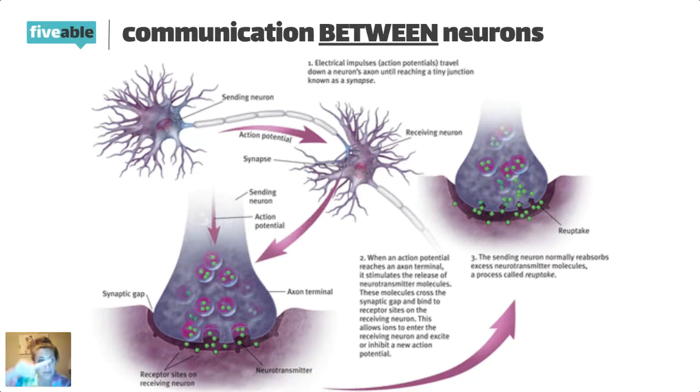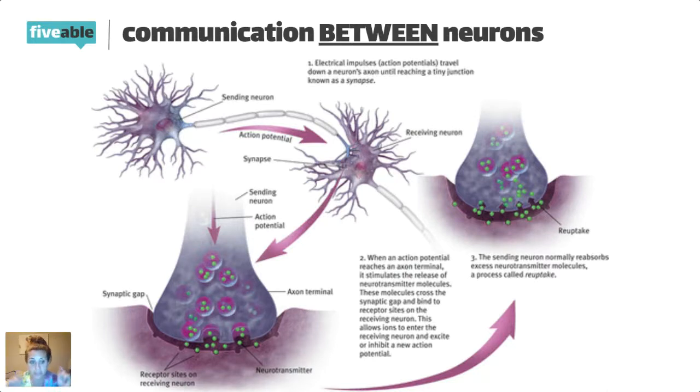But basically that message goes down the axon and it reaches those axon terminals, those terminal branches, and then little, I call them balls, they're not really balls, little neurotransmitters are released. And what happens is those neurotransmitters cross a gap to the next neuron. And so they try to attach to the dendrites of the next neuron. So that's, remember what we talked about, how the message gets sucked in.